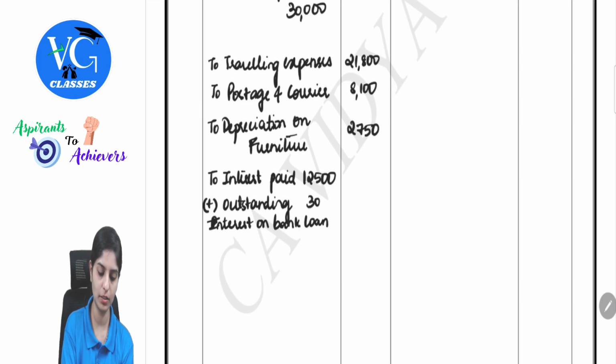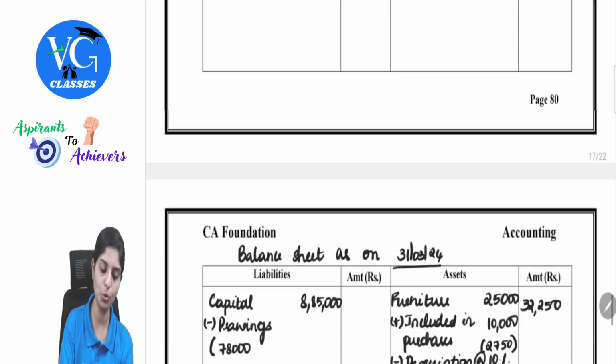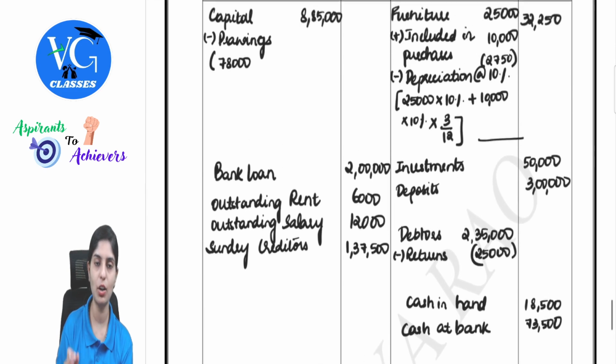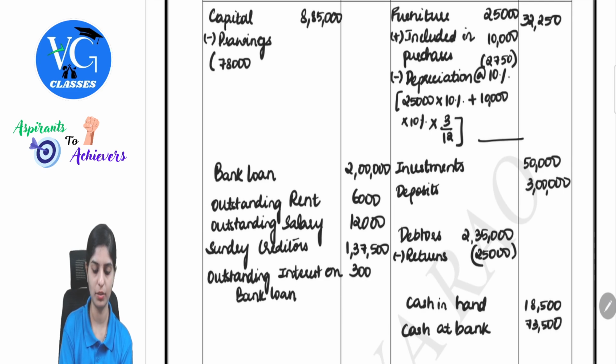So total interest paid should have been 15,500. Is this point clear? Now this 3,000 will have two appearances. First, we have recorded a bank loan. For this, outstanding interest on bank loan 3,000 should also be shown. Is this understood to all of you? Yes.